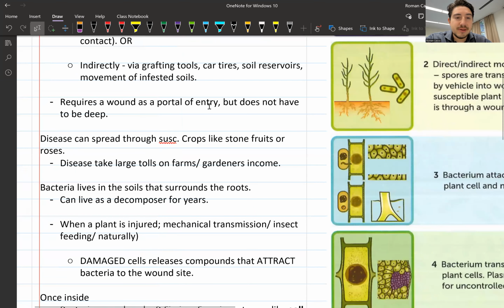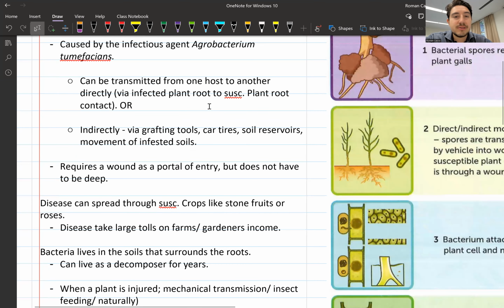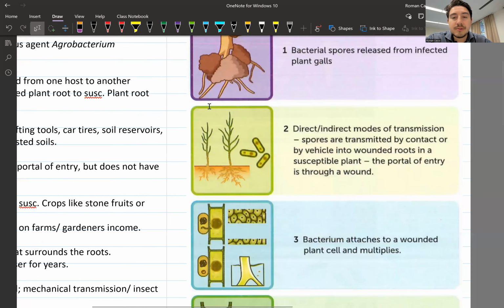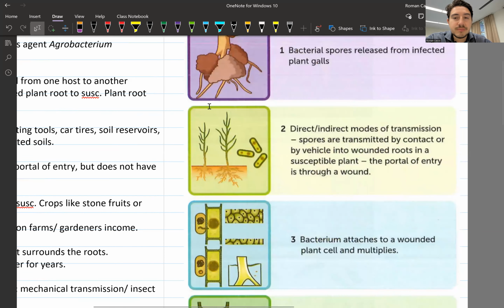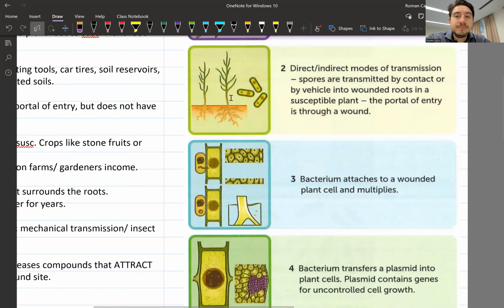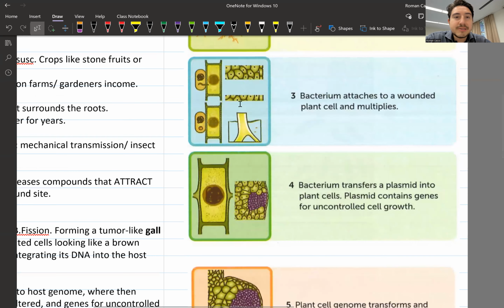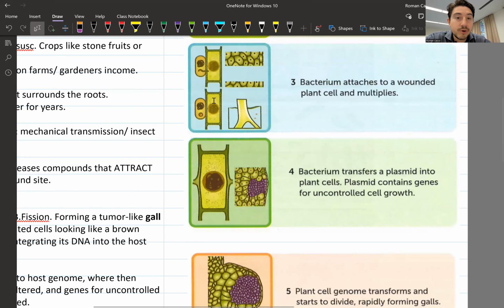In terms of direct touch from one plant to another, one plant root to another, so as you transmit the bacteria from one root to another, basically the bacteria gets attached, and it starts multiplying.